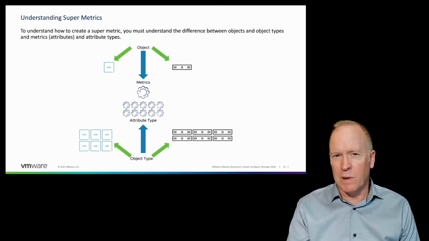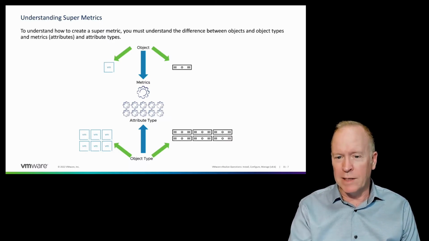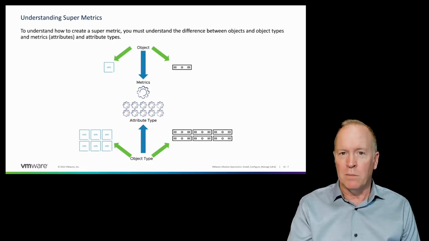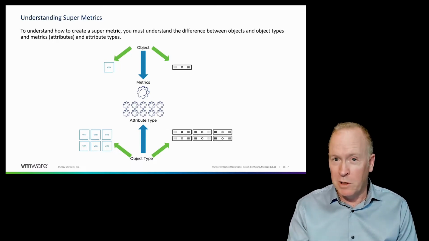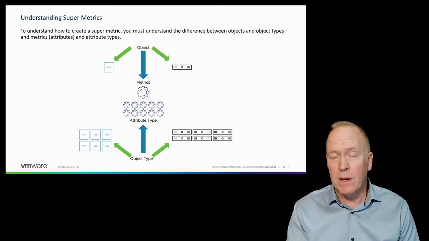But when we start working with a multitude of objects, in the world of super metrics, we refer to a multitude of objects as an object type. For example, virtual machines is an object type. Host systems is an object type. Clusters is an object type. Again, it's a multitude of the same type of object.